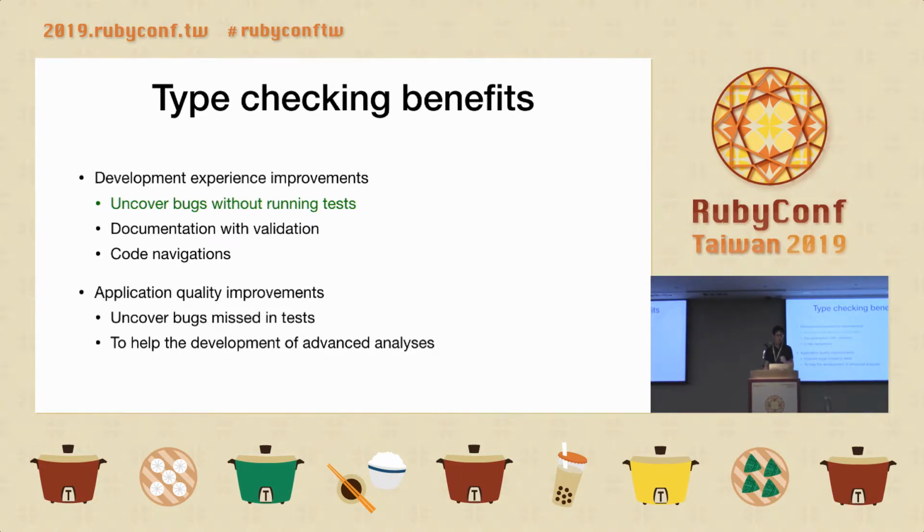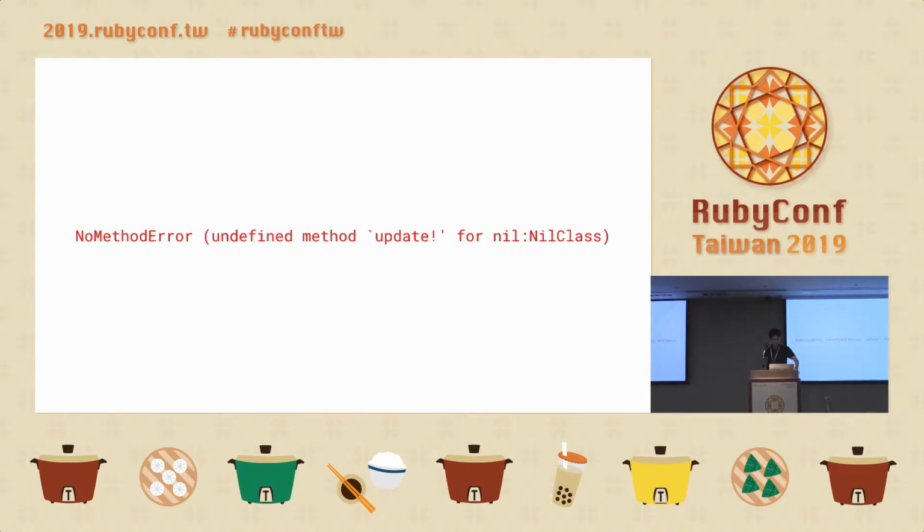So anyway, I want to focus on the green one, uncovering bugs without running tests. So what kind of bugs? This is an example of bugs that can be detected with type checkers. So this happens if you call the update_ban method with nil.